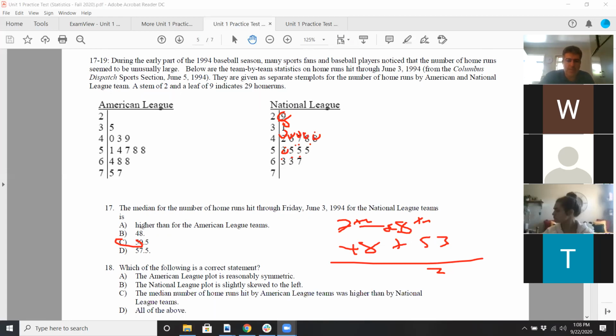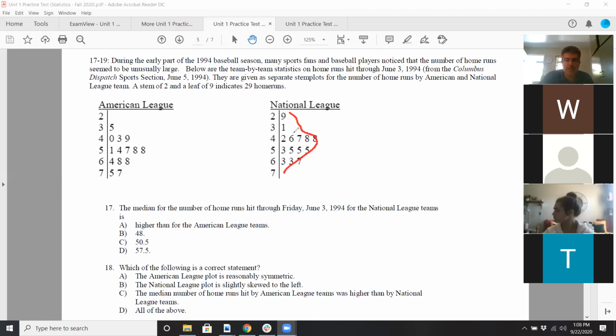Which one's the correct statement? The American League plot's fairly reasonable. I'd say so. The National League's probably skewed. Maybe. Yeah, you have some data points there. The median, but American League. Well, the American League, 1, 2, 3, 4, 5, 6, 7, 8.